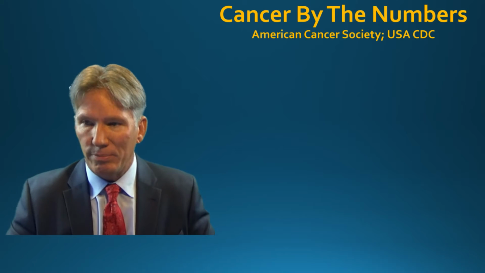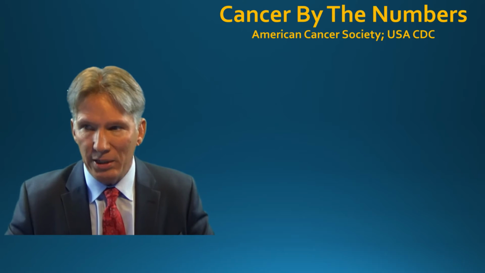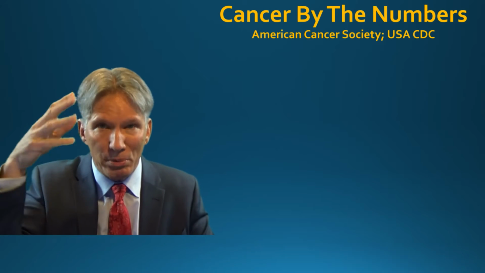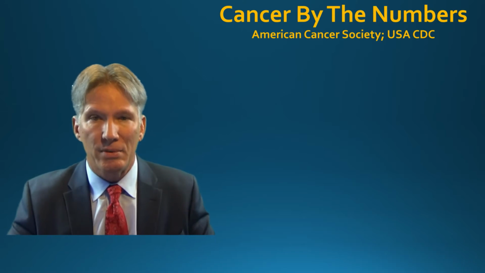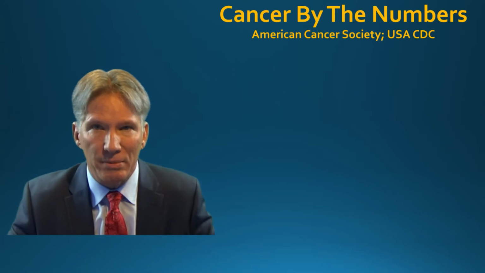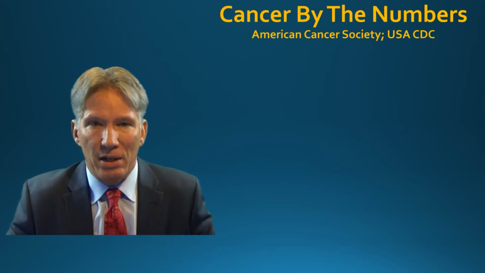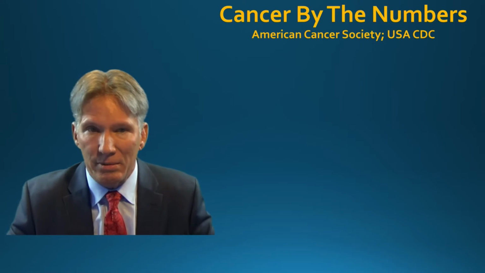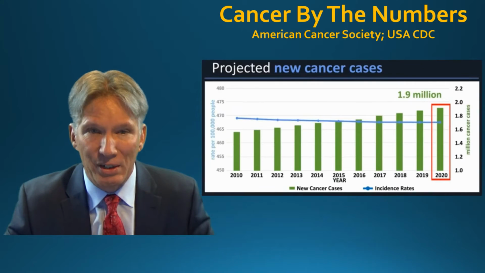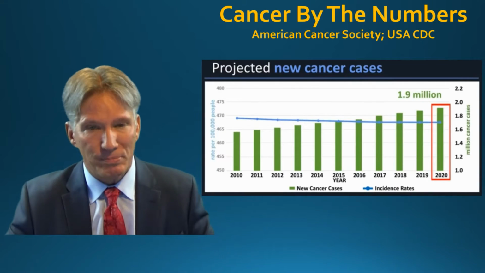Let's get into it. The real reason that you are here, right? I hope that the foundation that I have just laid will help you to understand what's going on here with the treatment of cancer. Let's take a look at cancer by the numbers. These data, by the way, are from the American Cancer Society and the United States Center for Disease Control.